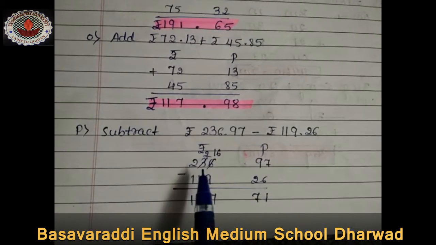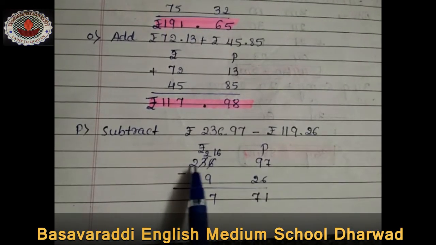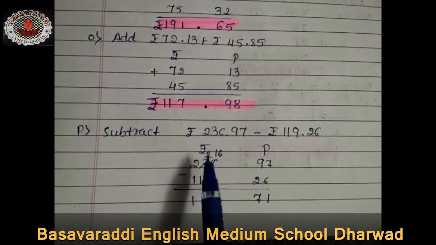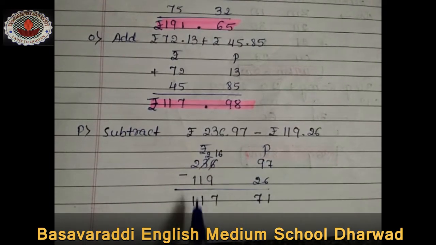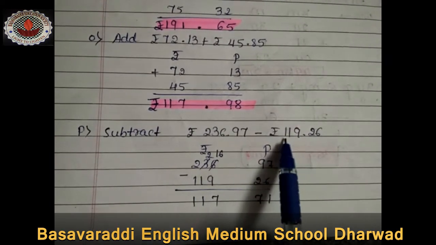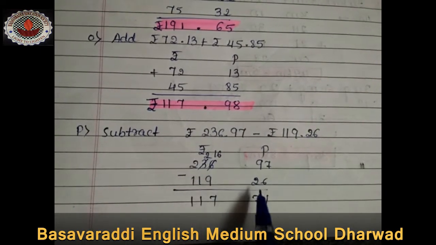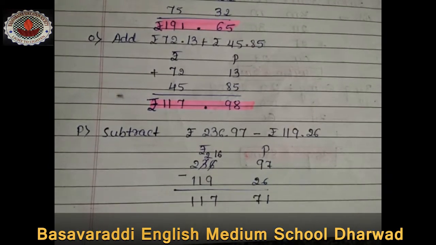So do two columns, one for the rupees and one for the paise. So write that one, 236 in the rupees column and 97 comes in the paise column. Next, one more number here. So 119 comes under the rupees column and 26 paise comes in the paise column.